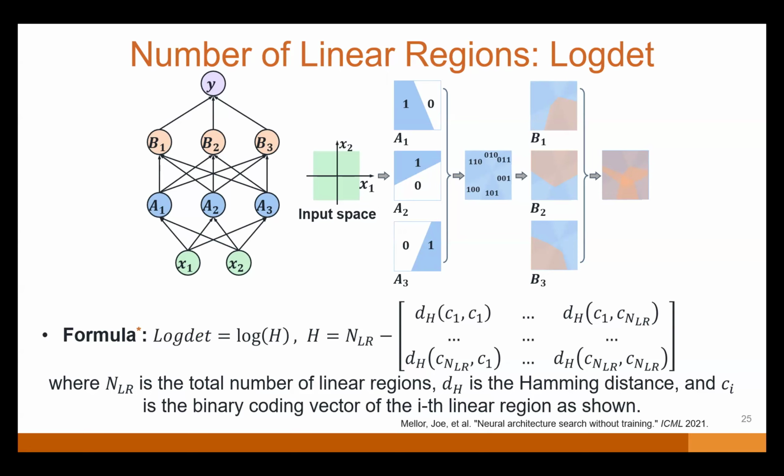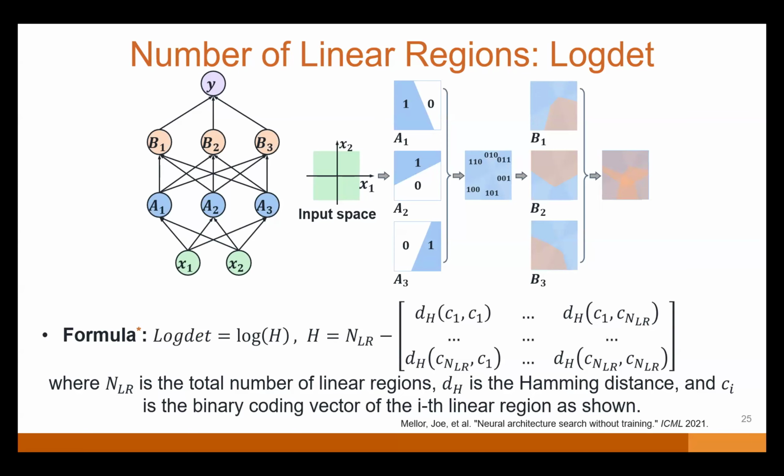And in the end, by putting all this together you get a matrix here, and the more this matrix resembles a diagonal matrix, the better for the performance of the network. In this case, the proxy that is used is shown in this formula, where you have the number of linear regions here, and this matrix type of representation, where DH is the Hamming distance, and these are the codes that correspond to these different representations.